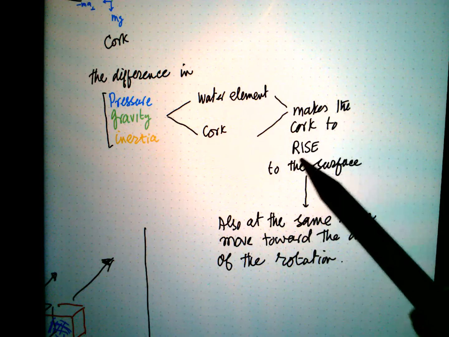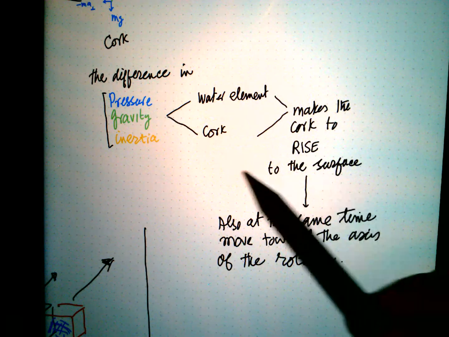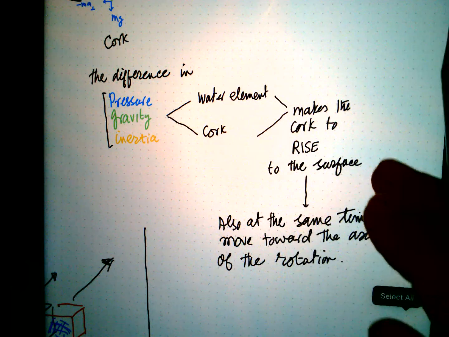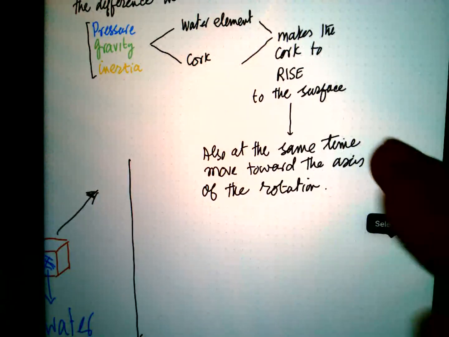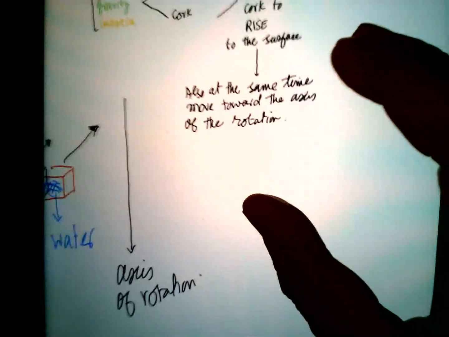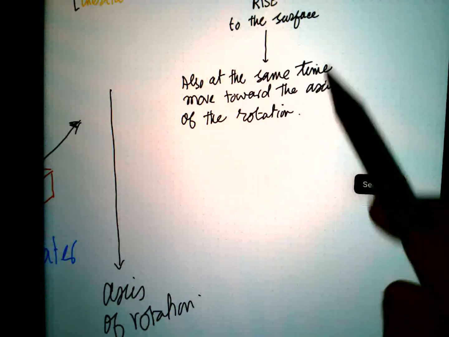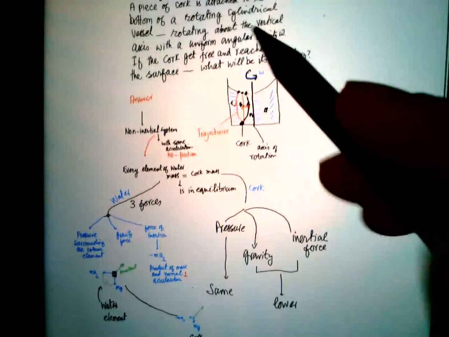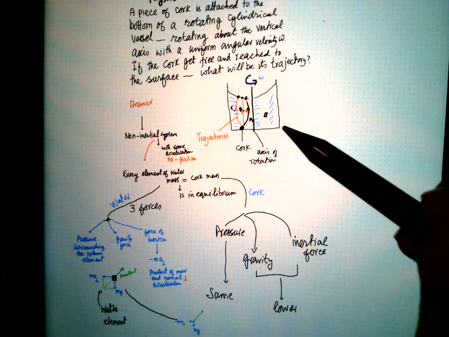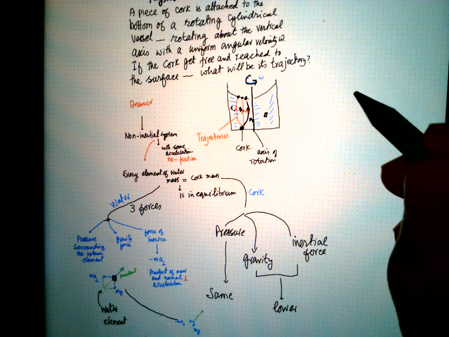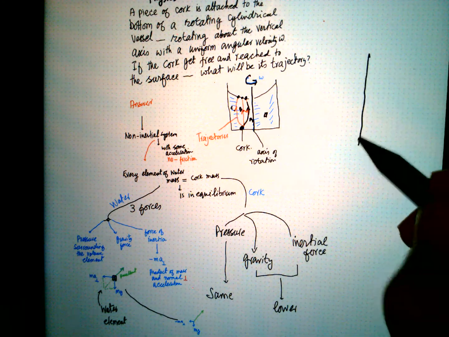That makes the cork rise, because it is lighter, to the surface, and at the same time it moves toward the axis, so it will go up and go toward the axis of rotation. So this is the axis of rotation.